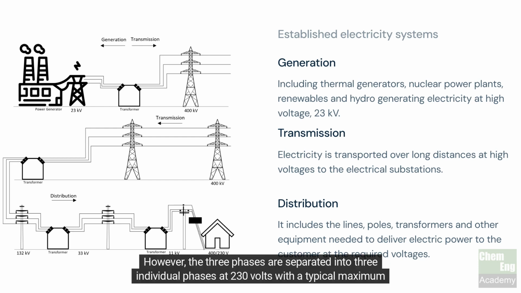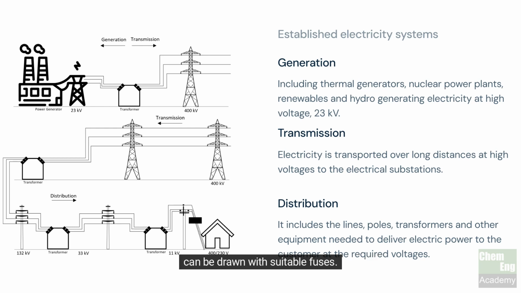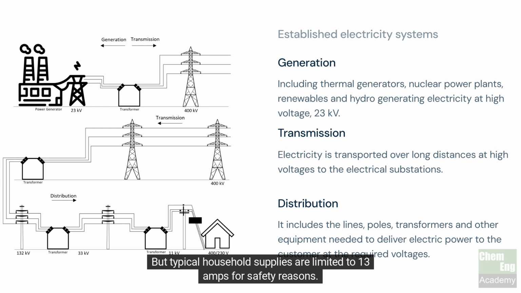However, the three phases are separated into 3 individual phases at 230 volts, with a typical maximum current at the plug of 13 amps. Although this is limited by the fuses in the plug socket, so higher currents can be drawn with suitable fuses. But typical household supplies are limited to 13 amps for safety reasons.